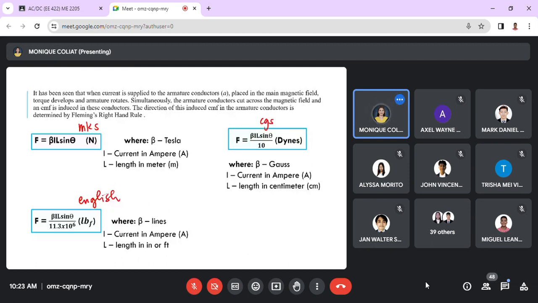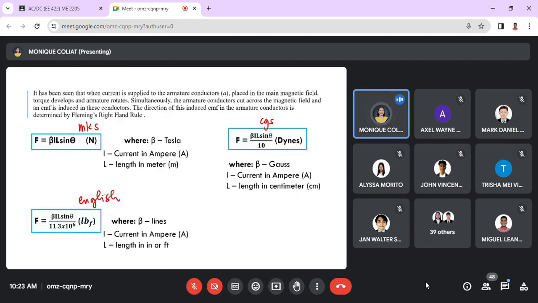And for Fleming's right-hand rule, to get the direction, we have here different formulas. Alam ko na kayo ay familiar sa formula nito kasi nandoon yan sa electromagnetism natin, or dun sa topic natin about magnetism, yung pagkuha ng force. Okay?